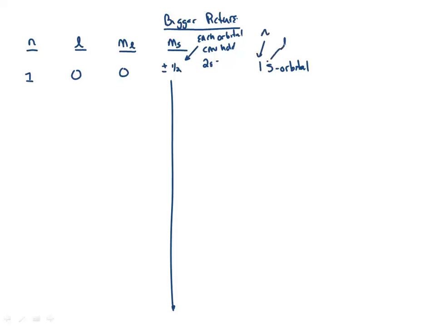This is our L. We don't usually put the number for m sub L in there, because we don't keep track of which one it is anyway. So then we can have 2, 0, 0, plus or minus a half. And that's our 2s orbital.